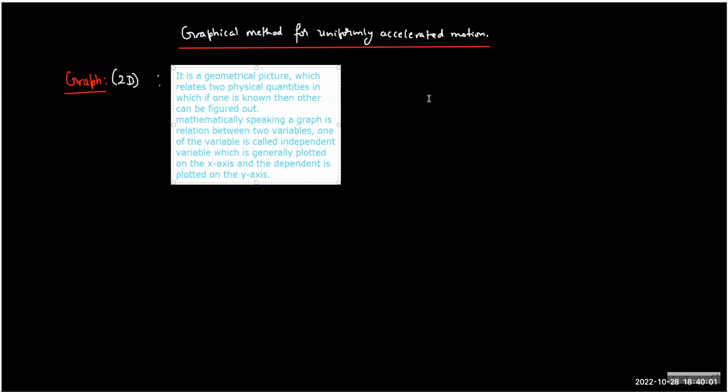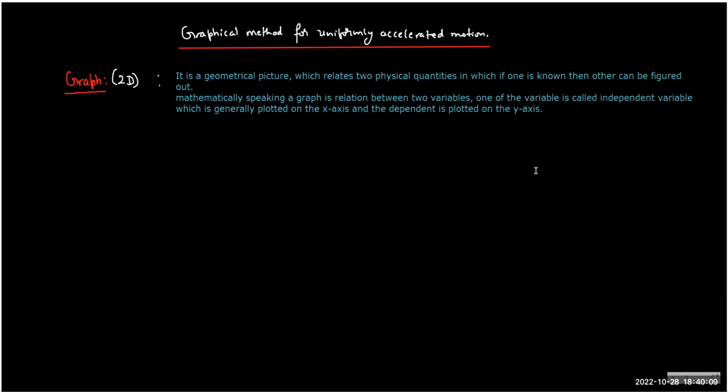So a graph always talks about the dependence of two variables. One is called the independent variable, the other is called the dependent variable. And the dependent we plot on the y-axis and the independent we plot on the x-axis. Time is called the universal independent variable.